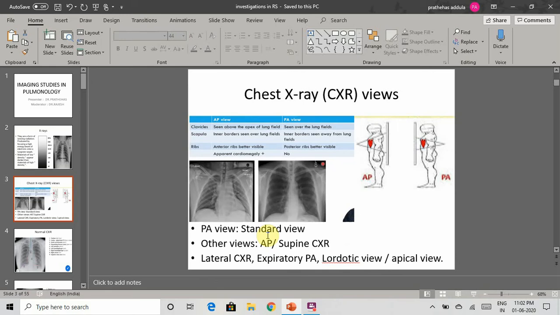Scapula inner borders are seen over the lung fields in AP view, whereas inner borders are seen away from the lung fields in PA view. Anterior ribs are better visible in AP view, whereas posterior ribs are better visible in PA view. Other views are lateral X-ray, expiratory view, lordotic view, apical view, AP and supine.